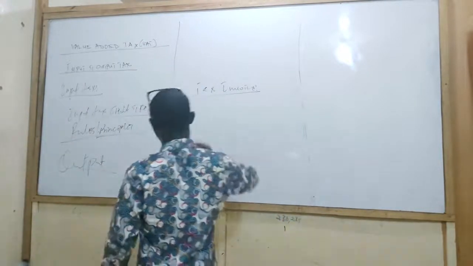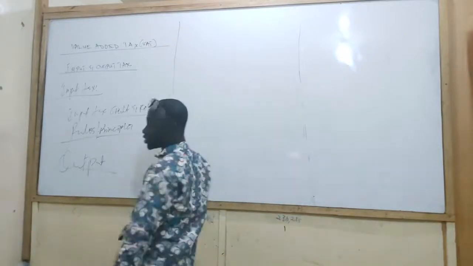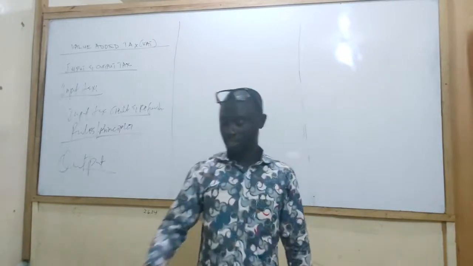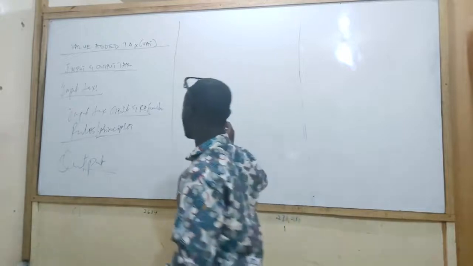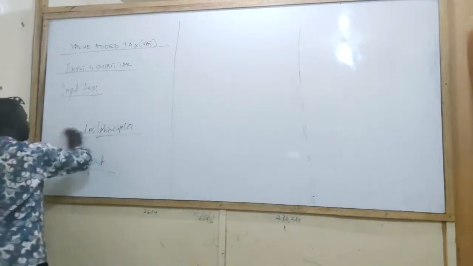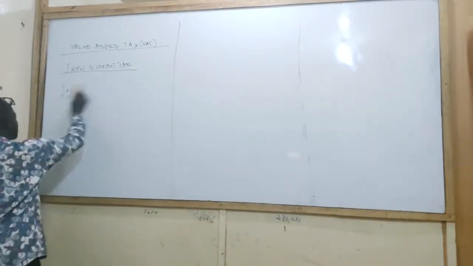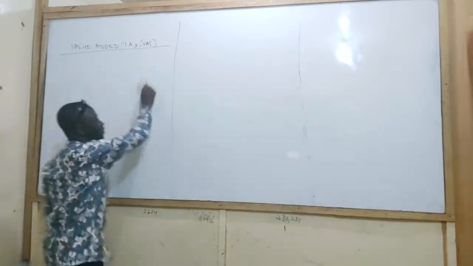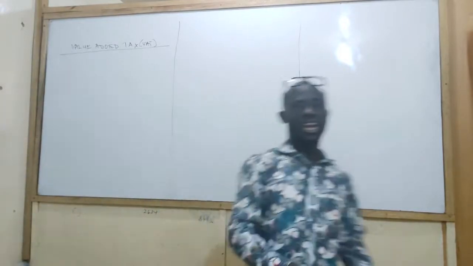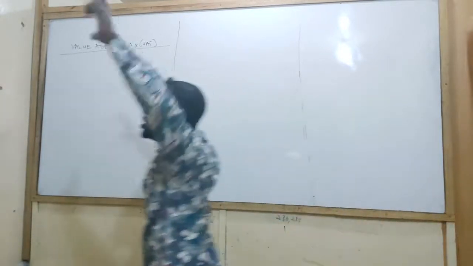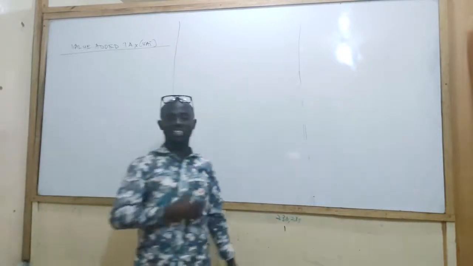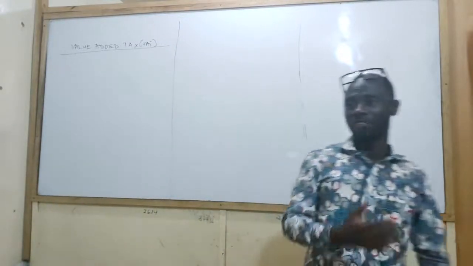Right. Okay, so let's look at some offenses and penalties in relation to that. Offenses and penalties. Okay, I think I've not taken withholding tax as such, but I think we've spoken about it indirectly in various things.